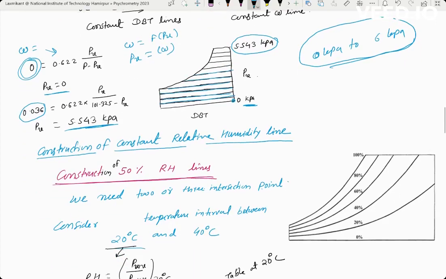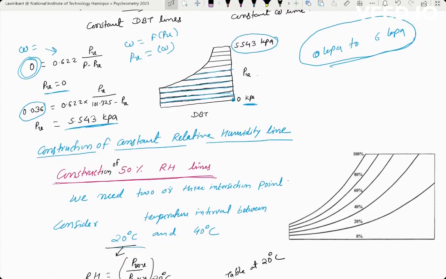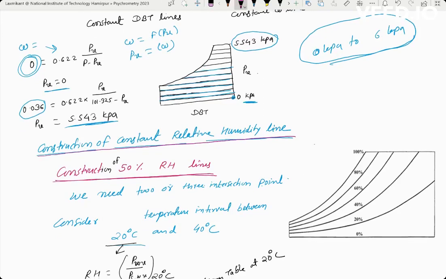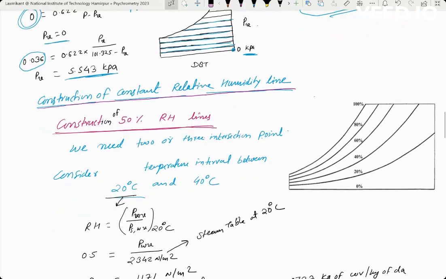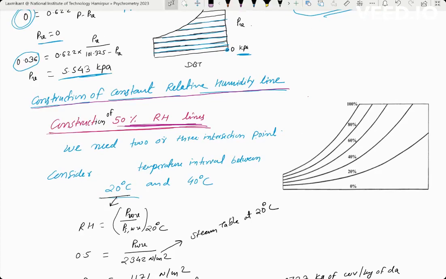Next construction is the constant relative humidity line. How do we draw the constant relative humidity line? Let us consider we draw the 50% relative humidity line. You can see in this figure the behavior of different lines. This is the 100% relative humidity line, then there is 80% relative humidity, then 60%, then 40%, then 20%.